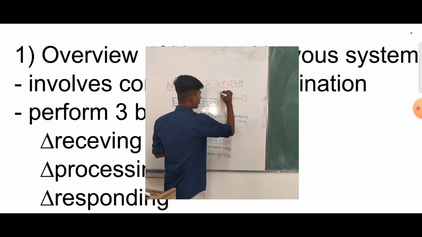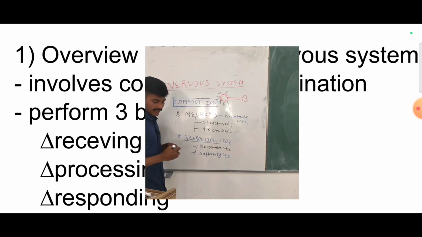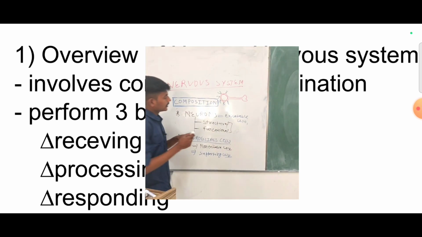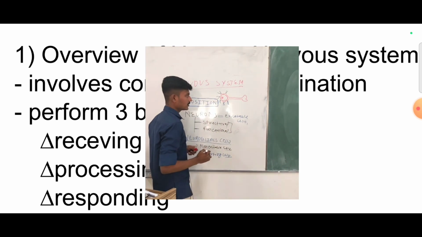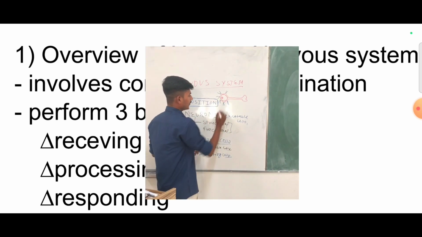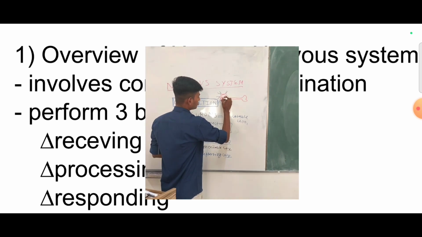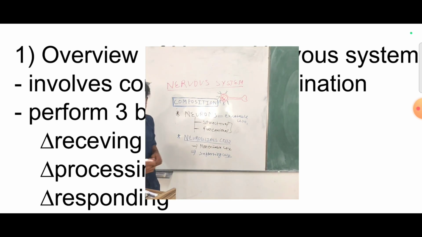There is a nucleus inside the neuron. It is a live cell, and there are Nissl granules, which are basically ribosomes, then the mitochondria and other cell organelles.